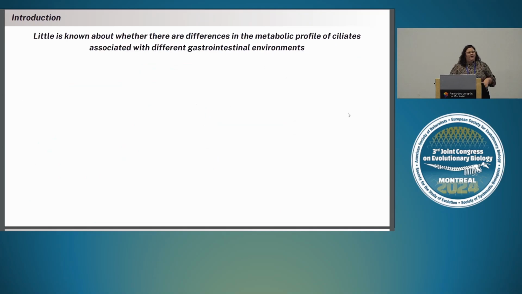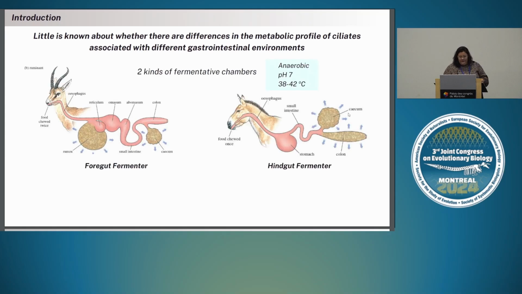Despite the increasing knowledge about the metabolic features of these organisms in recent years, little is known about whether there are differences in the metabolic profile of ciliates associated with distinct gastrointestinal environments.